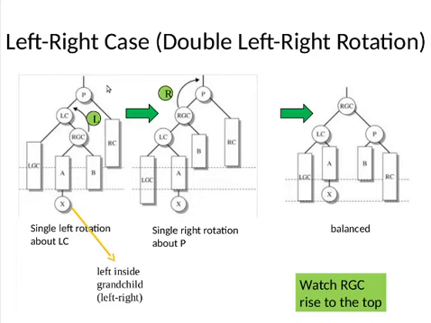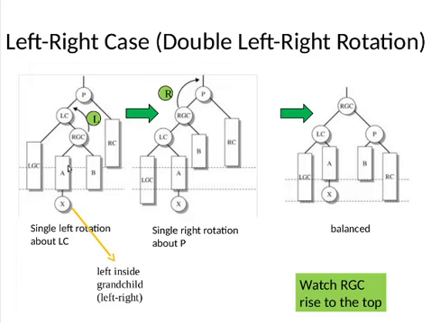Let's discuss the step 1, that is the left rotation at LC. As mentioned on the slide, RGC moves upwards and LC becomes its left child. Note that this rearrangement does not violate the binary search tree property as the value of LC is less than the value of RGC.